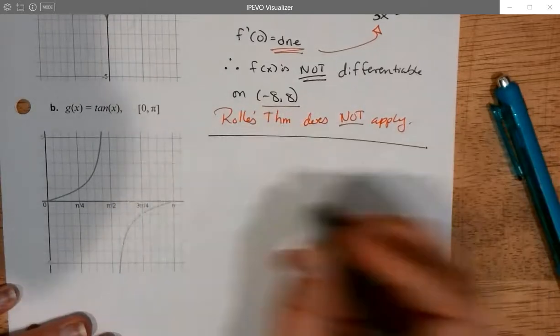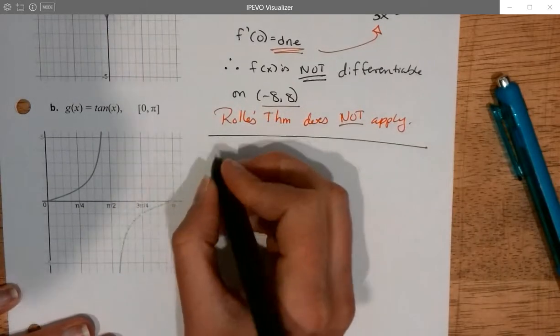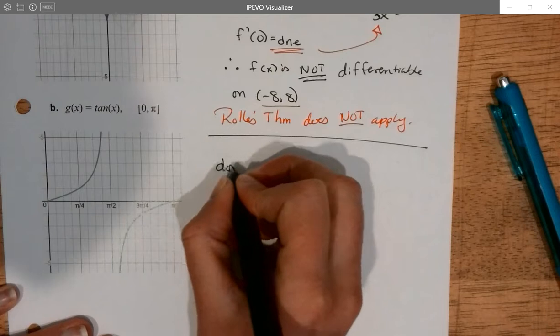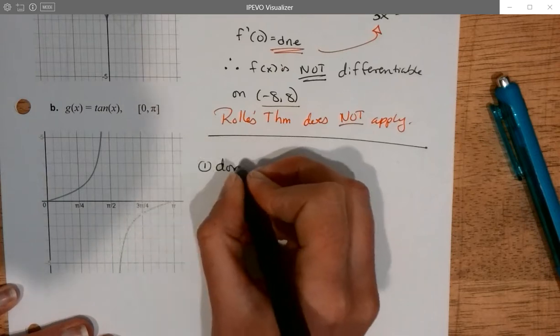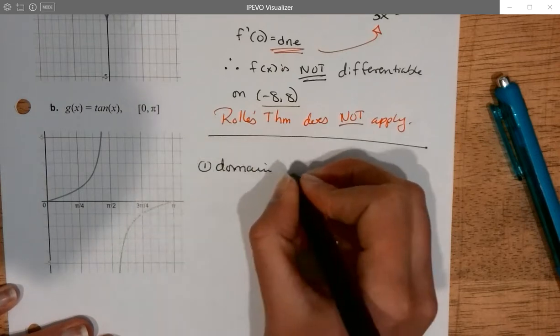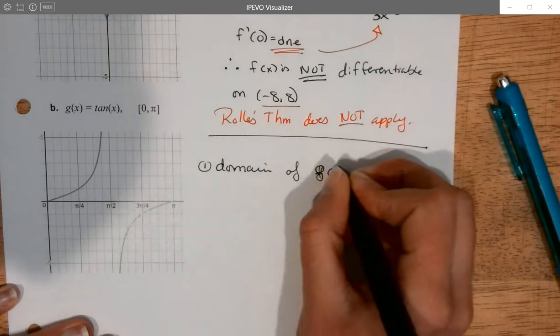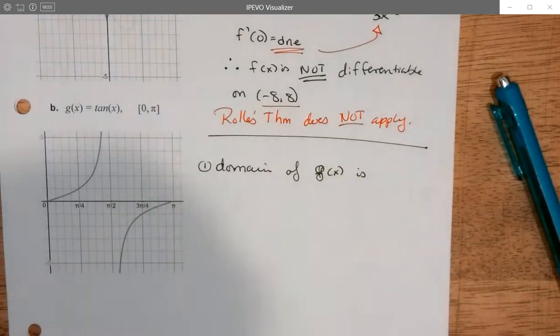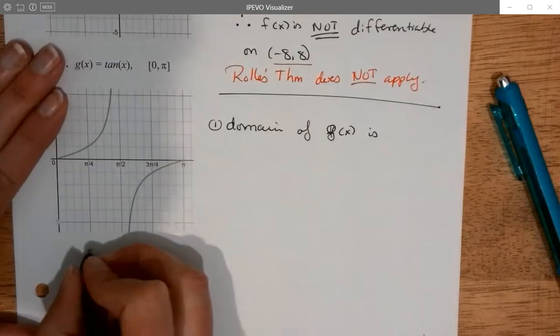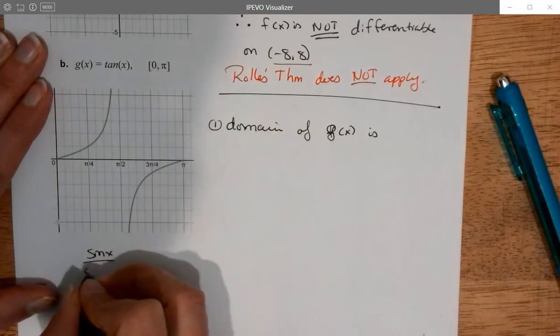Okay. Let's see. Okay, so the domain of f of x, or g of x, sorry, is, okay, now this is tangent. And so tangent is sine of x divided by cosine of x.